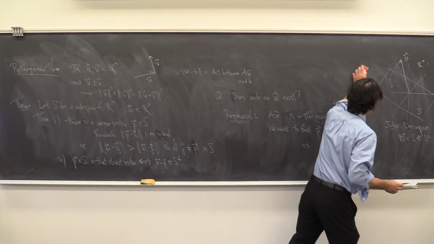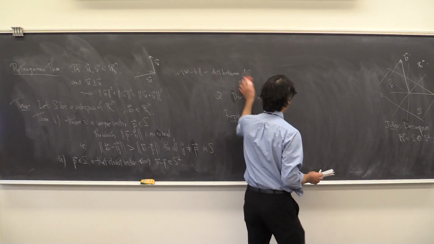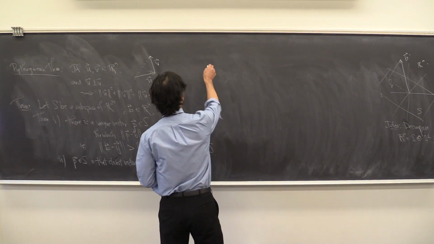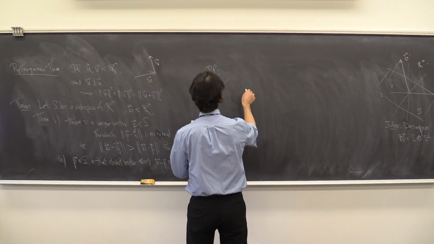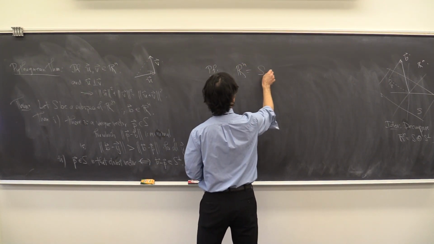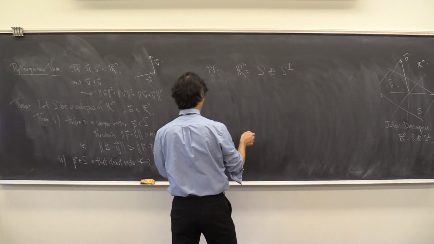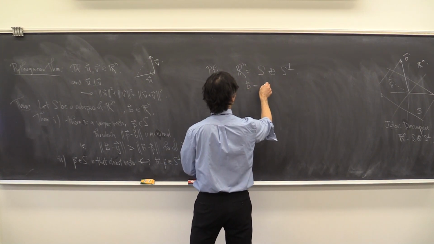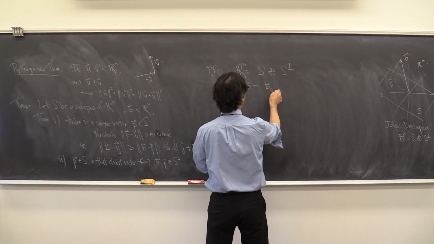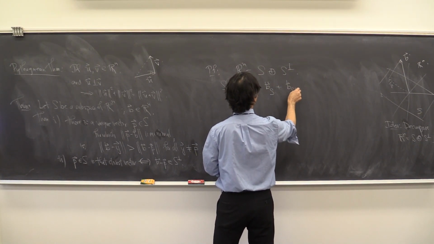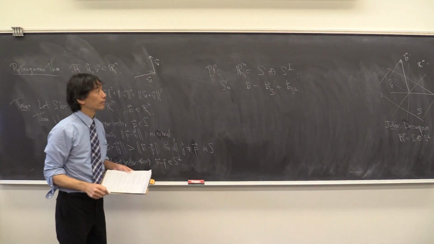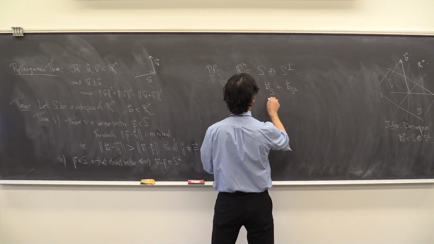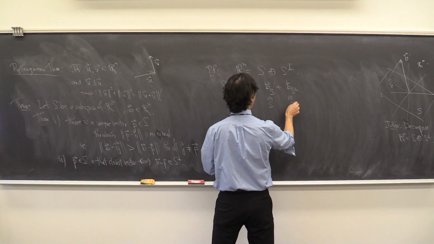So let's prove it, and like I said, it basically just uses the direct sum decomposition. So, proof. We know that Rn can be written as S direct sum S perp, right? So B can be split into two parts, which I'll call B sub S and B sub S perp, where this one is in S and this one is in S perp, of course.